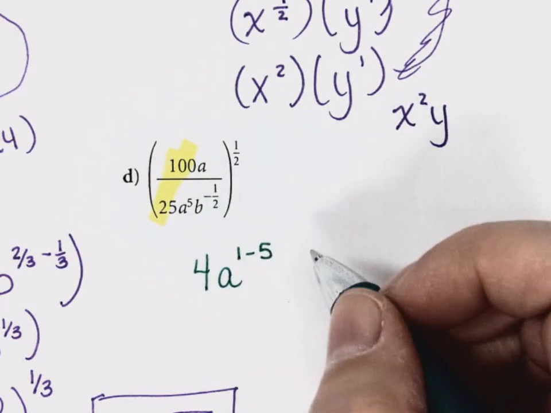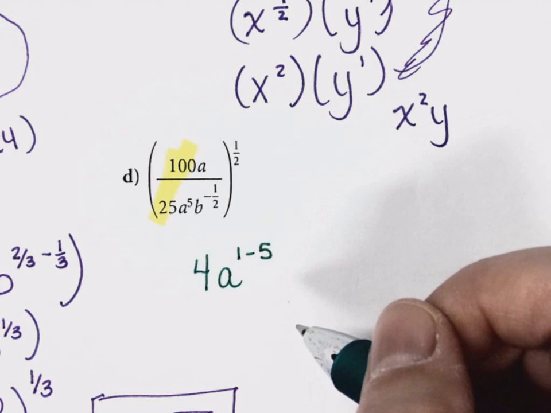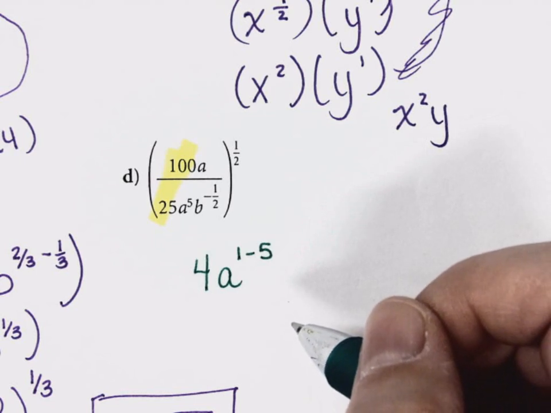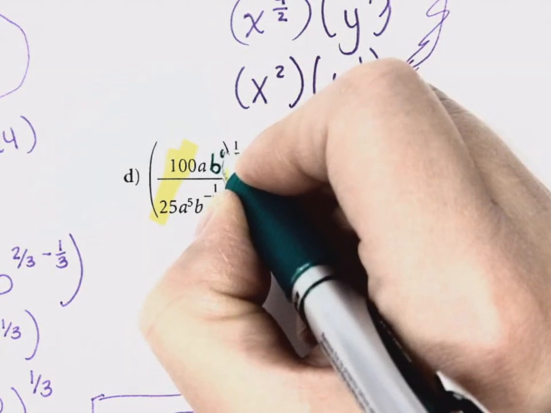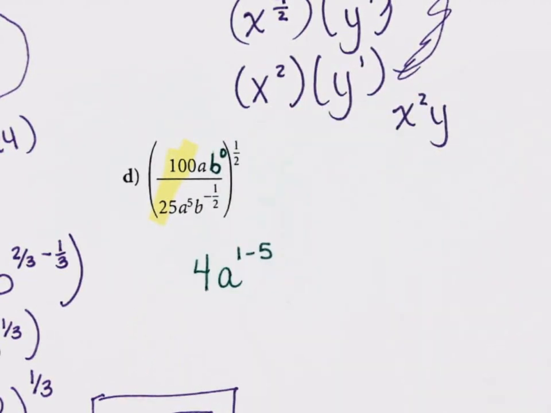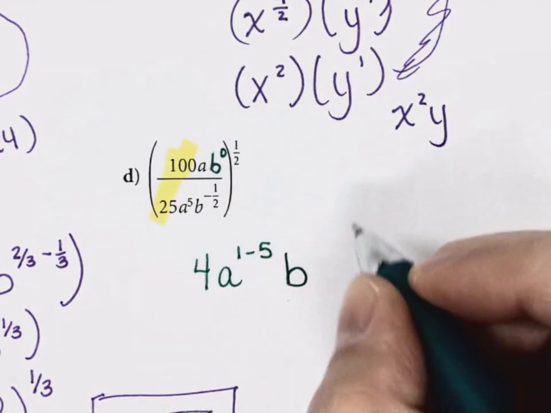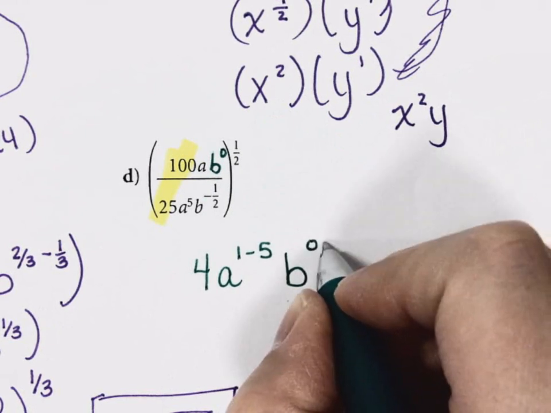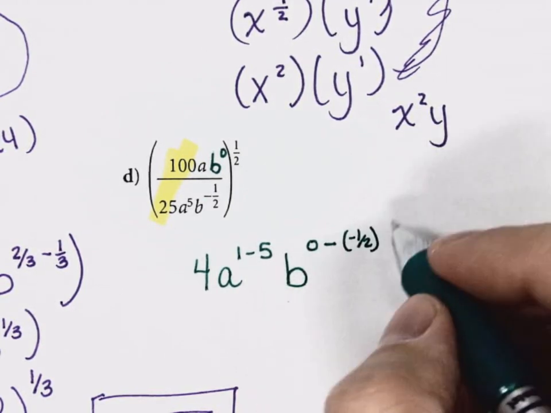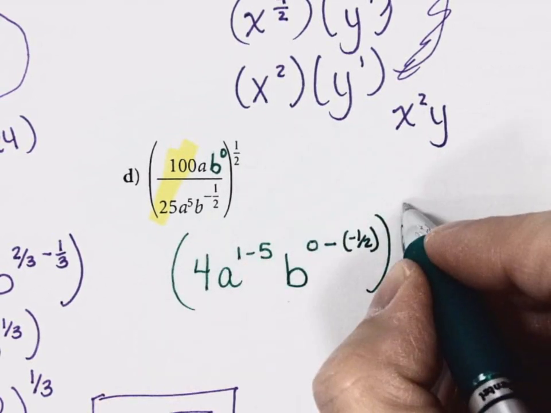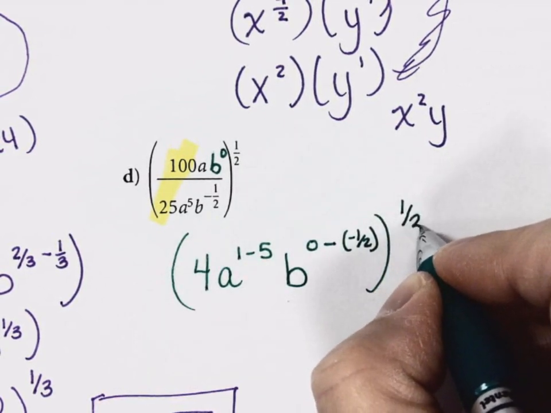That's interesting. Remember what anything to the exponent 0 is? It has a value of 1. So we can actually put a b to the exponent 0 there, which is kind of cool. So I've got 0 minus a negative 1/2, and that is all to the exponent 1/2.